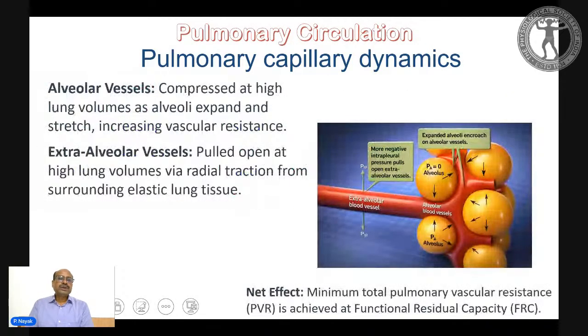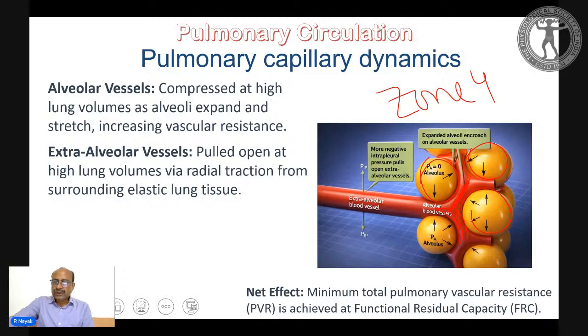Then if we think of the alveolar vessels, to understand the zone 4 effect, the extra-alveolar blood vessels are highly expanded during negative pressure, but because of the larger alveolar structure, it is blocking the alveolar blood vessels.